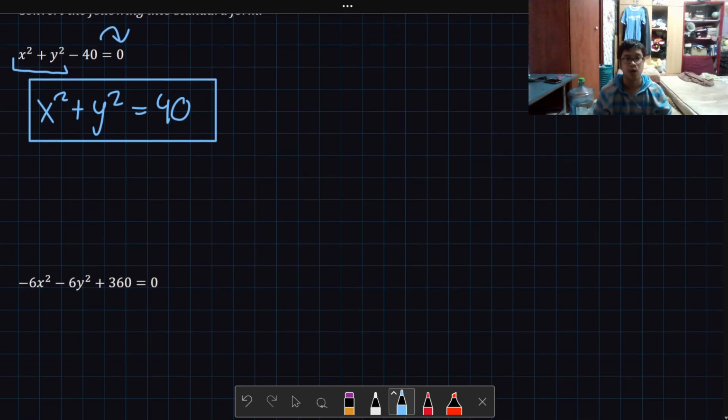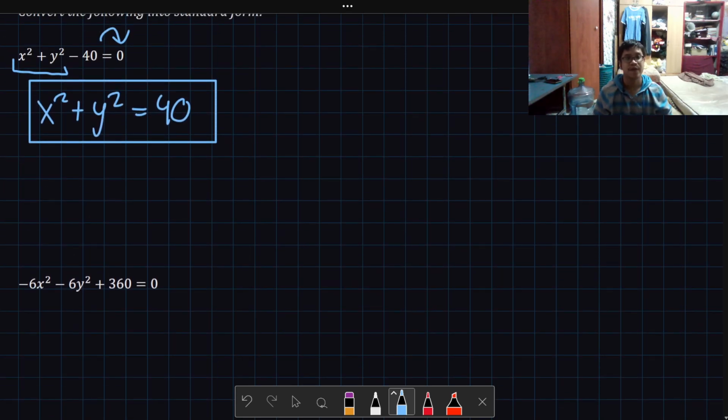All right. Now, how about this one? We have x squared, y squared, and a constant term, which is 360. Yes, x squared and y squared exist, and the constant term exists, but the coefficient of x squared and y squared is negative 6: negative 6x squared and negative 6y squared. So what are we going to do if the coefficient of x squared and y squared is not 1?